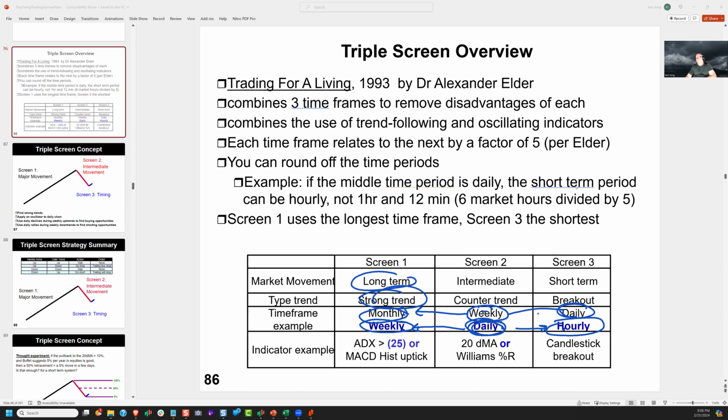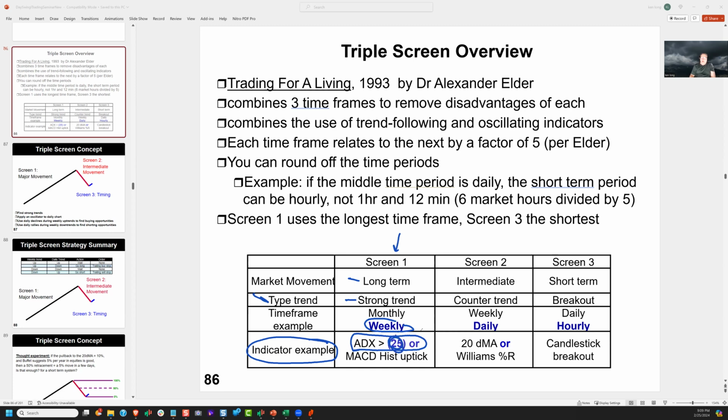Same principle. So what you would do first is on screen 1, the long term, you're looking for a strong trend. That's the type of trend you want. And so if I was using weekly, one way to find a strong weekly trend is to say weekly ADX greater than 25.